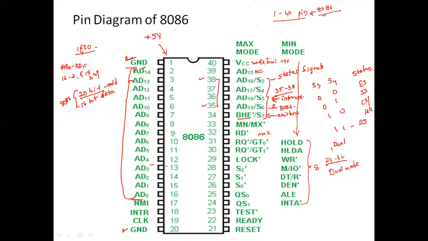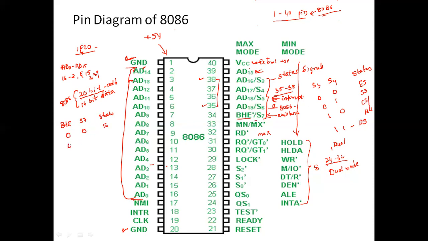Different combinations show whether the bus contains the overall 16-bit data or the upper byte or the lower byte. For BHE by S7, we have a table. BHE and S7, and what is the status? If BHE is 0 and S7 is also 0, all 16 bits will be accessed.